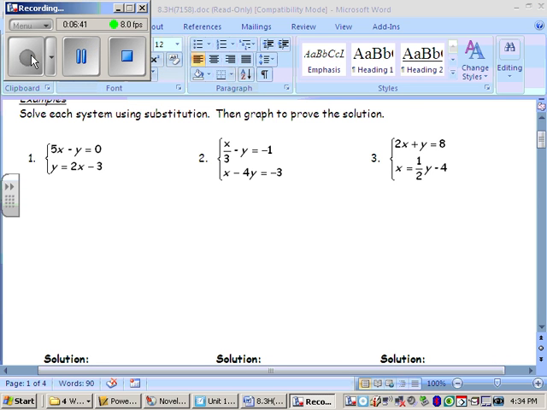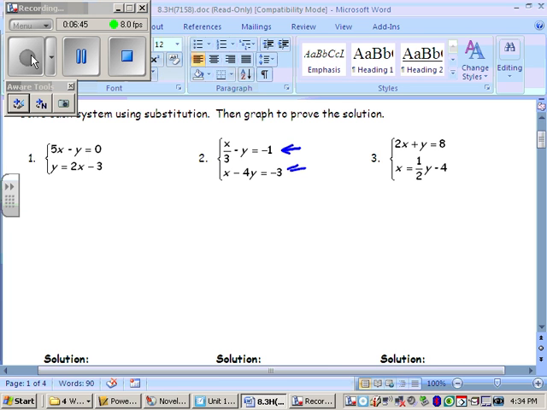In the second example, notice that neither equation is solved for y. So we're going to want to solve one of the two equations for y, or x. In fact, in this particular system of equations, the second equation would be very easy to isolate the x. The first equation, you may want to clear the fraction first.